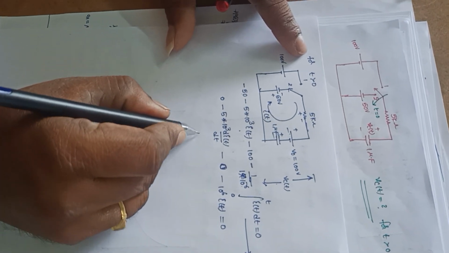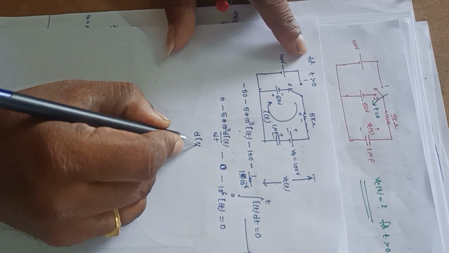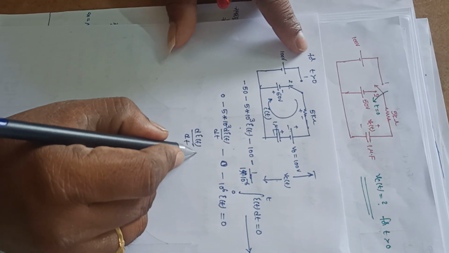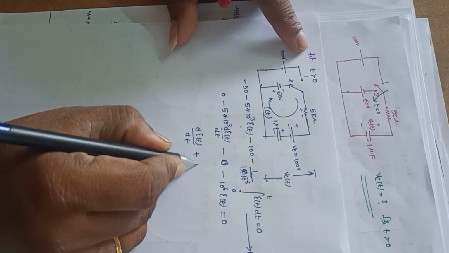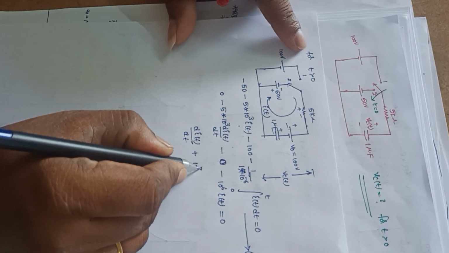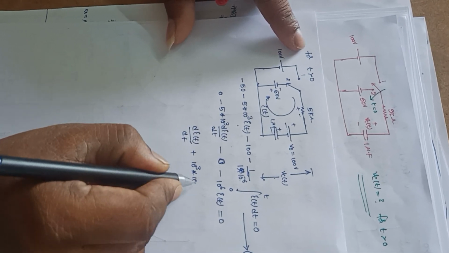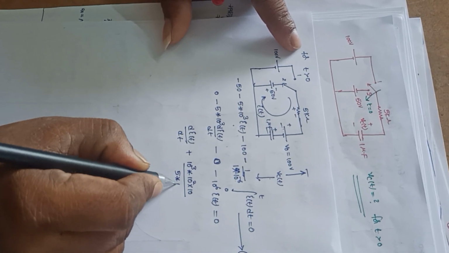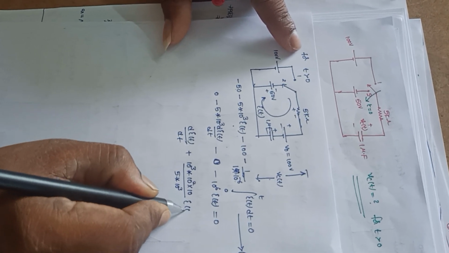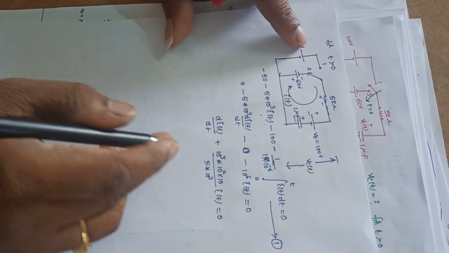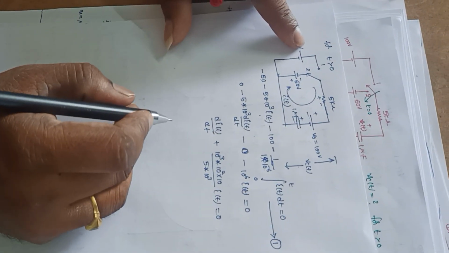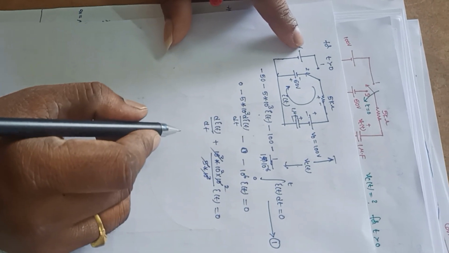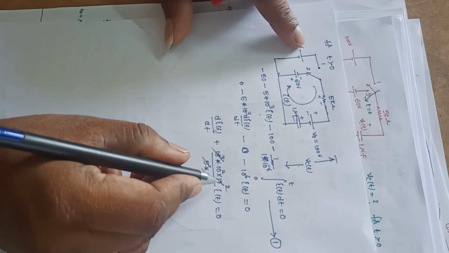Next I can write as di of t by dt. If I take minus 5 into 10 power 3 as a common, so it will become plus 10 power 6 divided by 5 into 10 cube into I of t is equal to 0. I can rewrite this expression like this. So it is 10 power 3 by 5, that is 200.